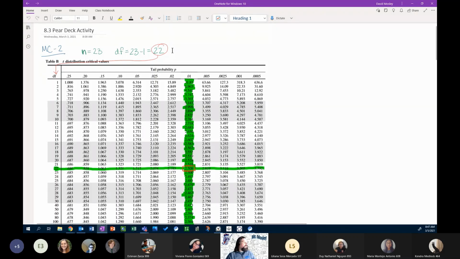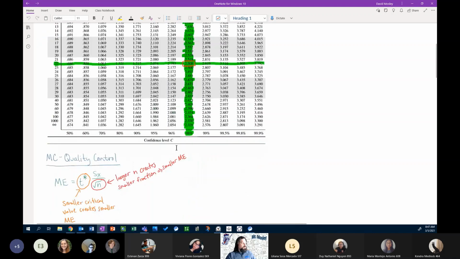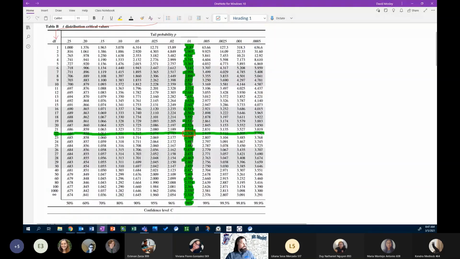With that degree of freedom, 22, we go over to the left-hand column of Table B. We follow that and find 22. Highlight that row to make it easier to see. We then go to the bottom here and find 98%, because that's the confidence we want. The intersection of that row and that column is 2.508, and we have our critical value.